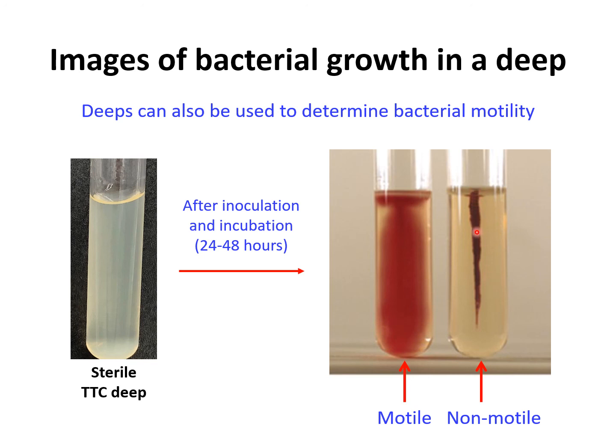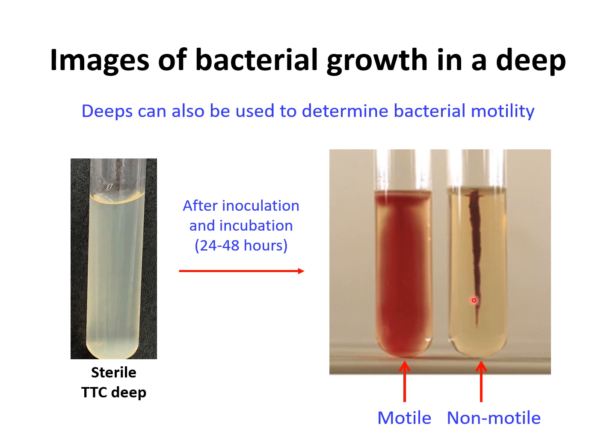But if your bacteria is non-motile, that TTC dye is only going to be broken down right here where you've stabbed your deep, and so you're only going to see that red color right here.